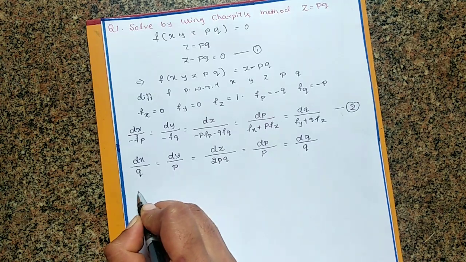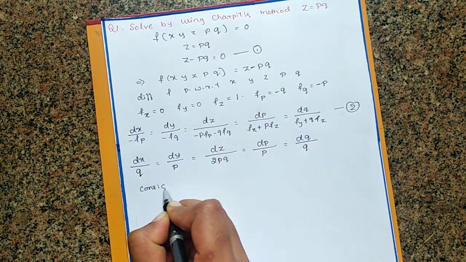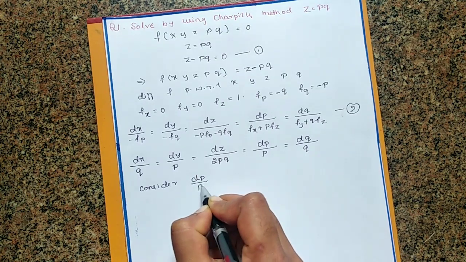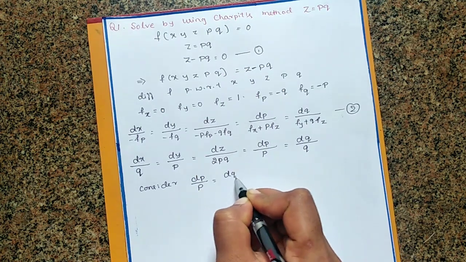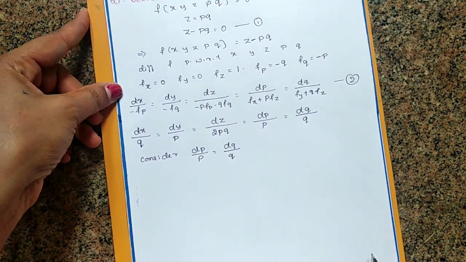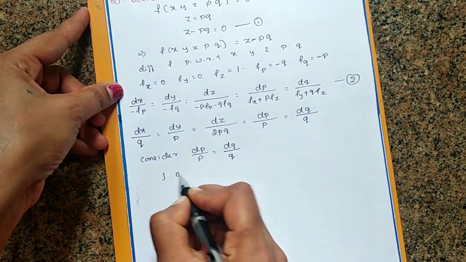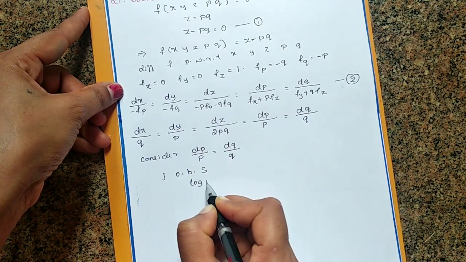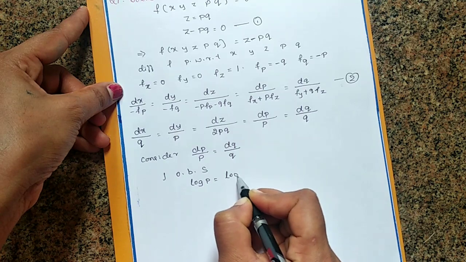So I will consider the last two ratios, that is dp divided by p is equal to dq divided by q, because it can be easily integrable. So integrate on both sides, then we will get log p is equal to log q.